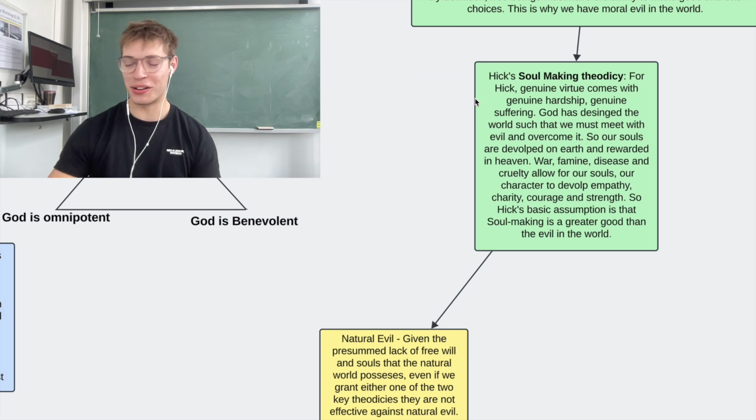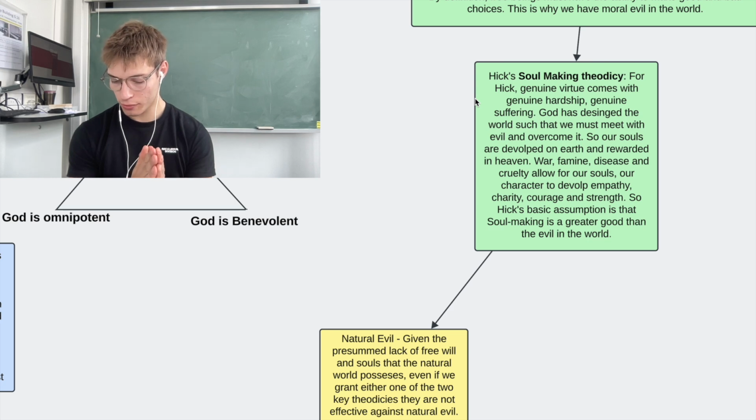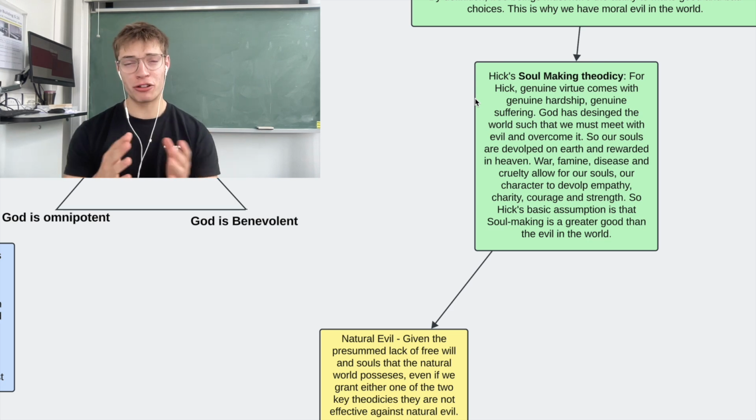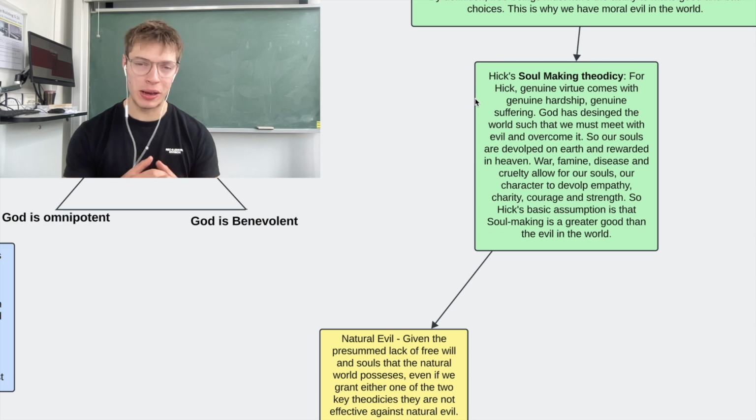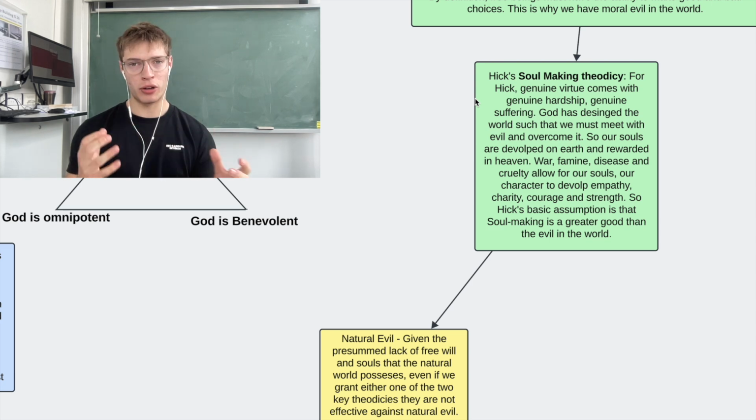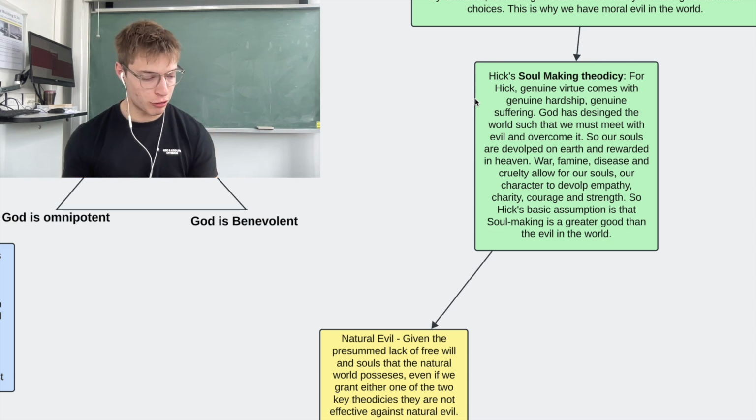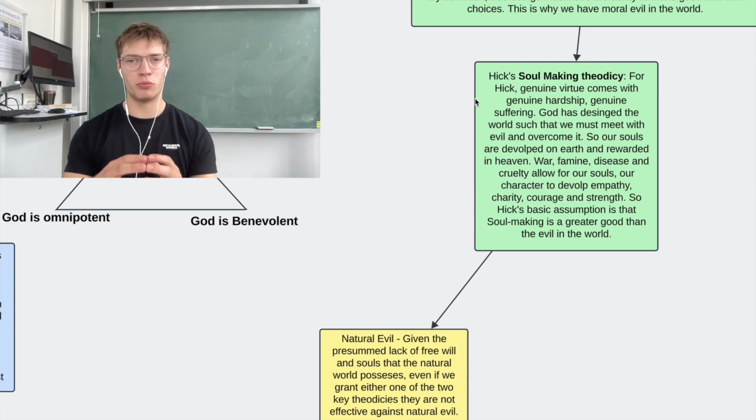Okay, final theodicy is from Hick, and this is about soul making. Part of this is Aristotelian, so if you're familiar with Aristotle's ethics, then part of this will be familiar. The idea is just that genuine virtue comes from genuine suffering and genuine hardship.